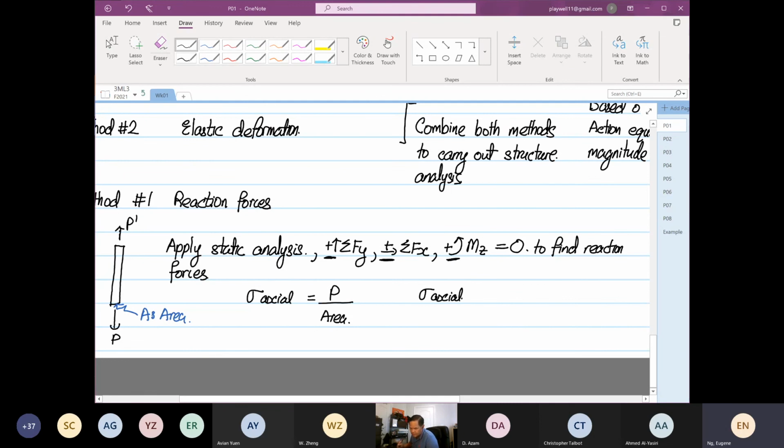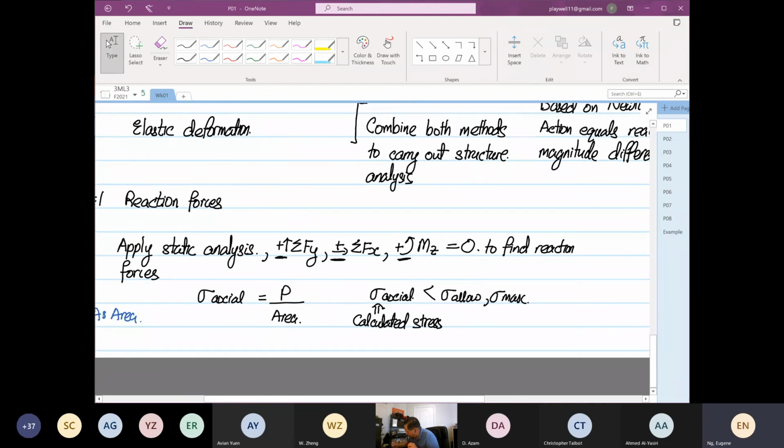You have to make sure that the axial stress is lower than the allowable stress, or the maximum stress of the material. Okay, so over here, these are your calculated stress.